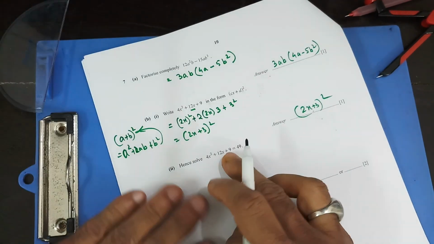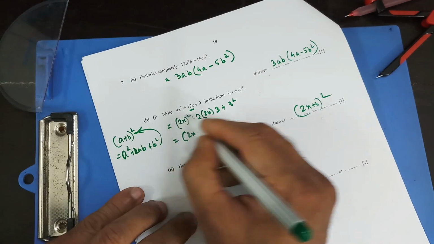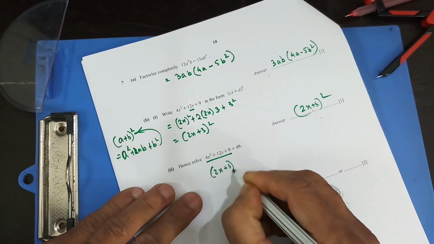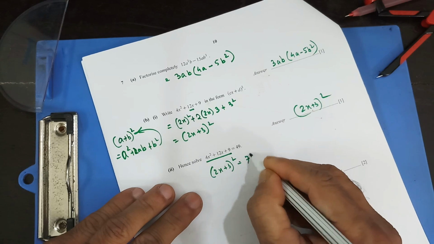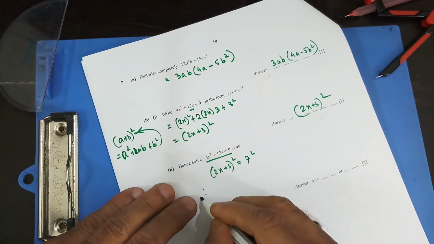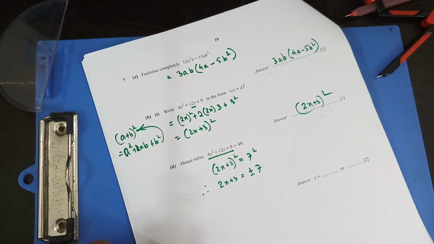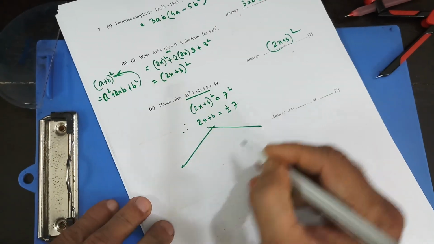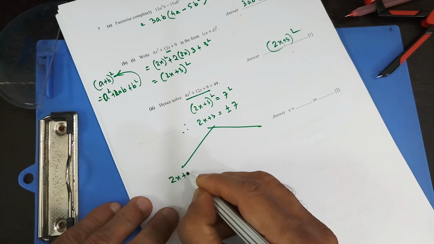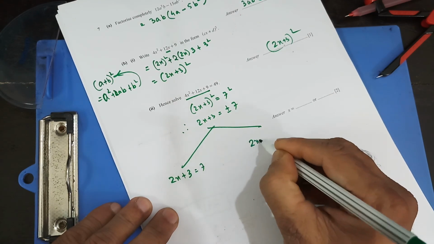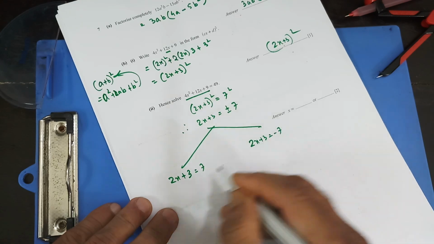Hence, solve this. Hence means we need to use this previous answer. So instead of that, we can write down 2x plus 3 squared, and this is a perfect square, 7 squared. If I take the square root, 2x plus 3 equals plus or minus 7. So there are two ways I have to do it. 2x plus 3 equals positive 7, or 2x plus 3 equals minus 7.